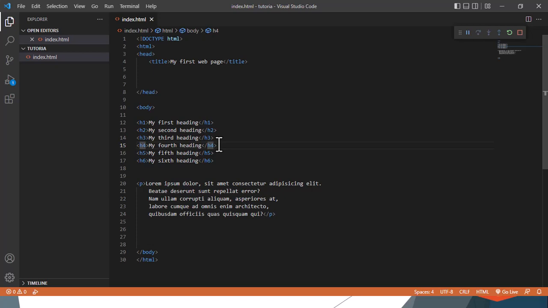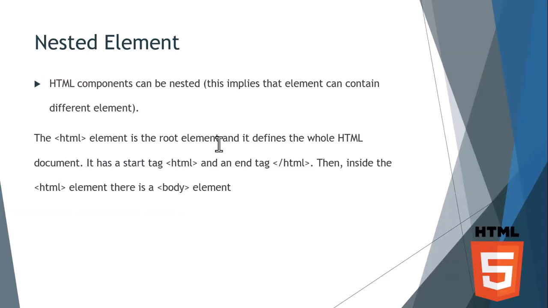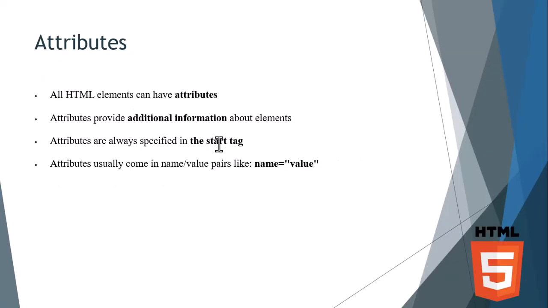Okay, so back again, we have the next one, we have attributes. And what are HTML attributes? HTML attributes provide additional information about HTML elements. If you want additional information about HTML elements, you use an attribute.